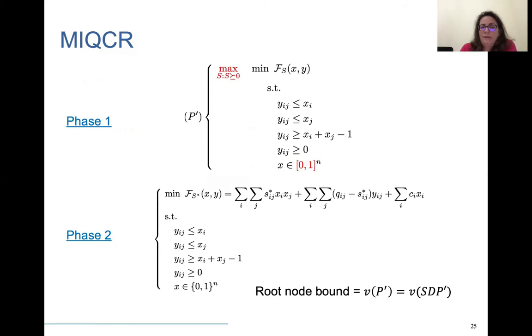But the method works with the same steps. So first you solve this problem, in other words, you solve a semi-definite programming problem, and in phase 2 you perform branch and bound, and you have the same equality at the root.